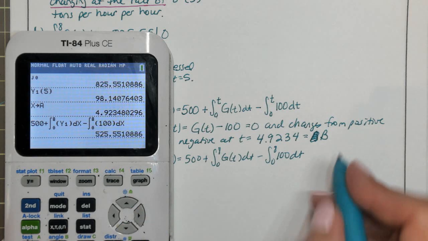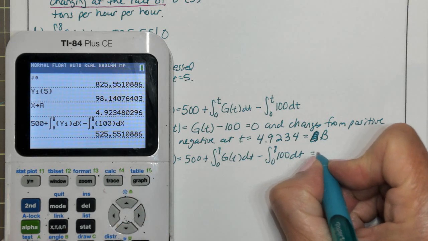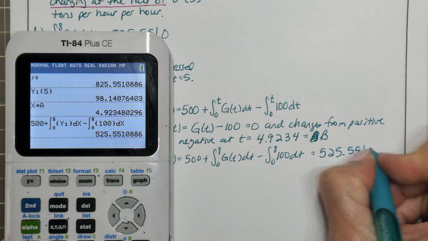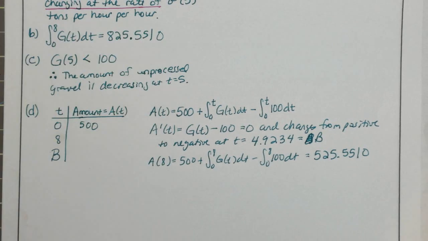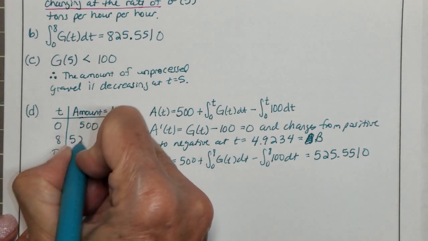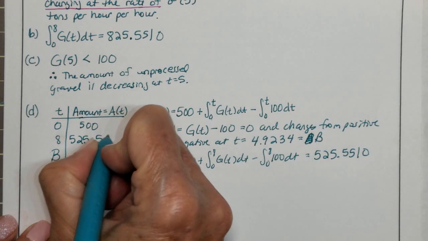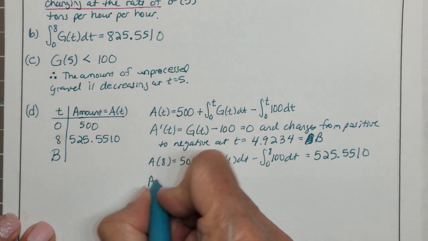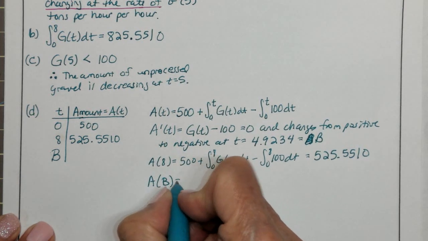I already know that. This is going to be 525.551. And now I need to do the same thing for that B value.